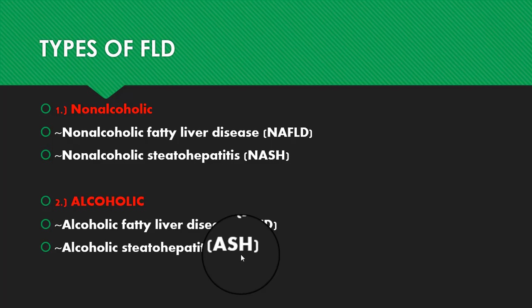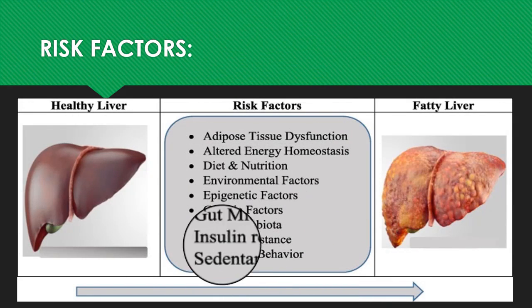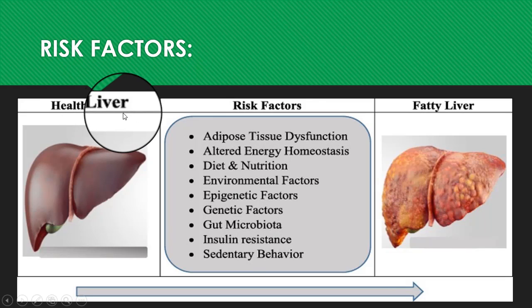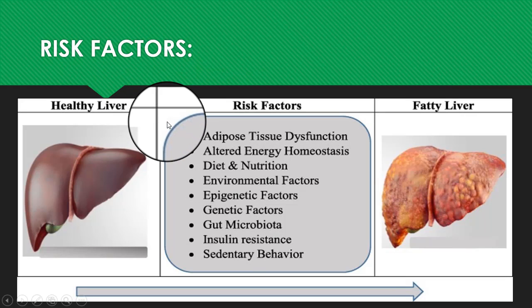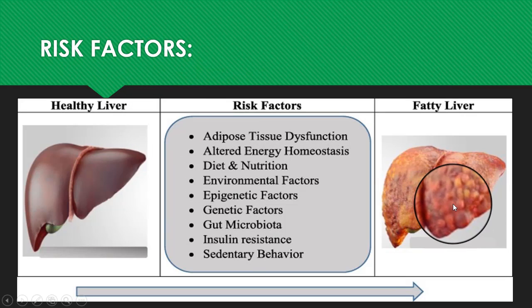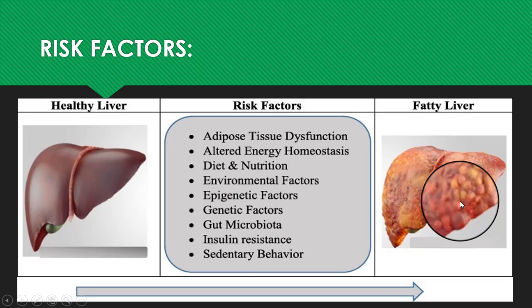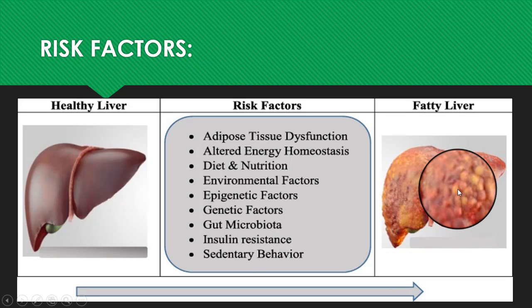Now next, what are the risk factors of fatty liver disease? We will discuss them one by one. Drinking a high amount of alcohol puts you at increased risk of developing fatty liver. You may also be at higher risk if you are obese.